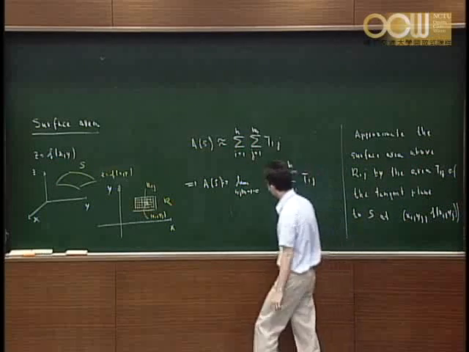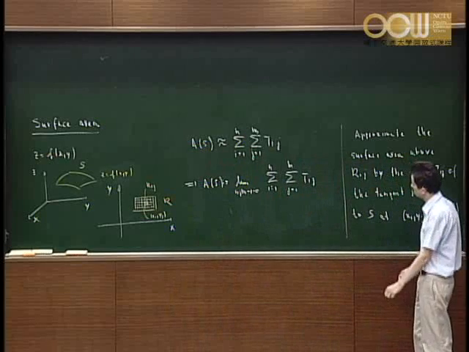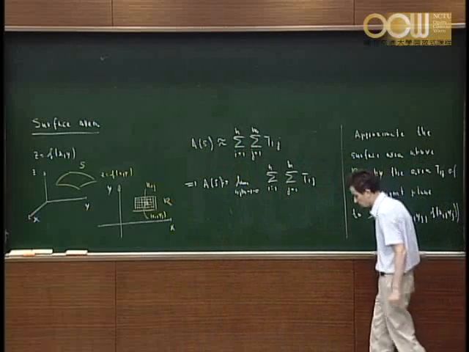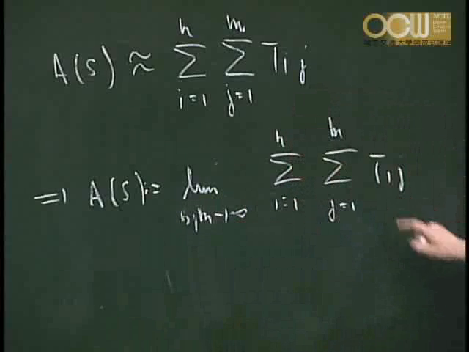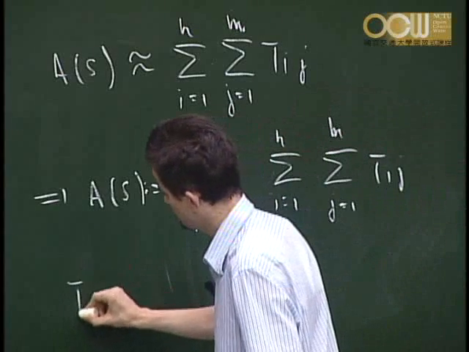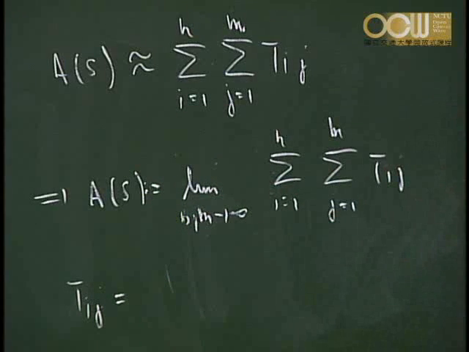Now, what we still have to do is, because from this we cannot really see that you can compute this surface area by a double integral, we have to compute this Tij. For this we use the vector product.